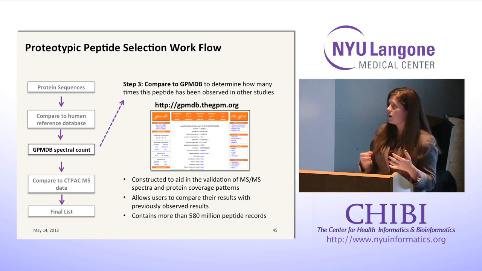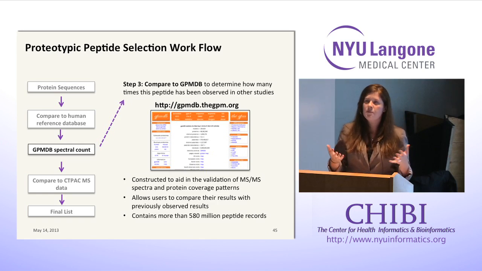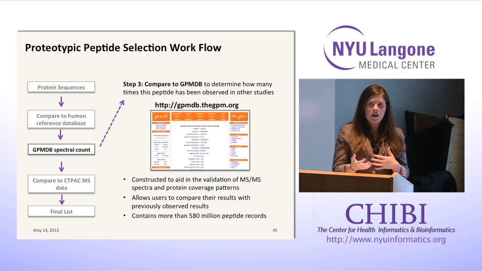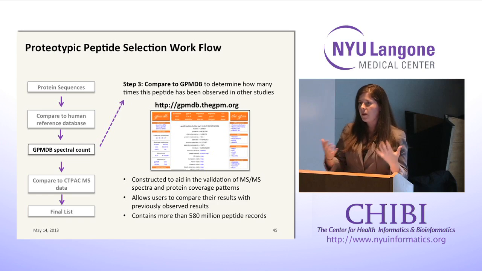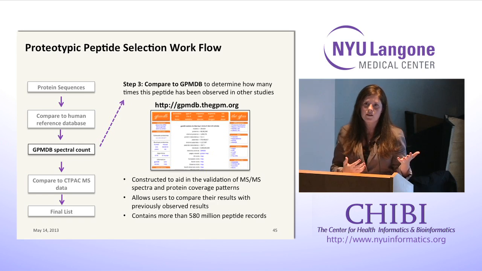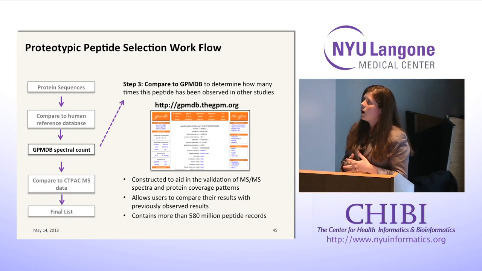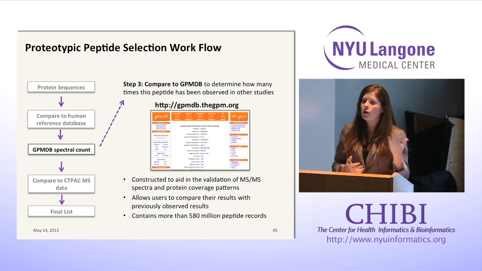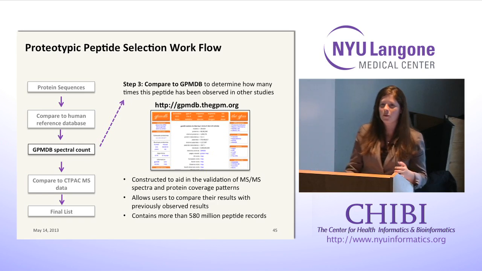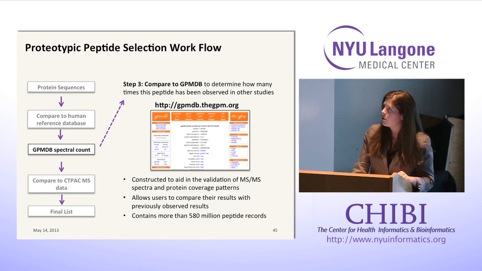So what happens is when somebody publishes a paper with mass spec data, GPMDB goes in and does a quality control step. If it passes that, it takes it in and then it stores it. So you're able to input your peptide and see how many times other people have found that spectra or peptide. So if you input your peptide and you don't see that anyone's seen it, you should not use it because it's probably not a good peptide. It's either too hydrophobic or has some sort of other issue.